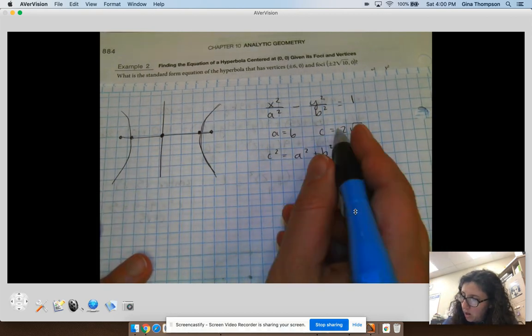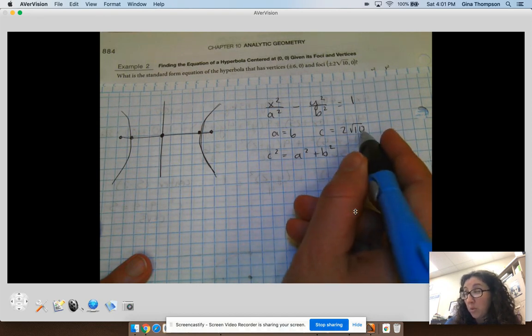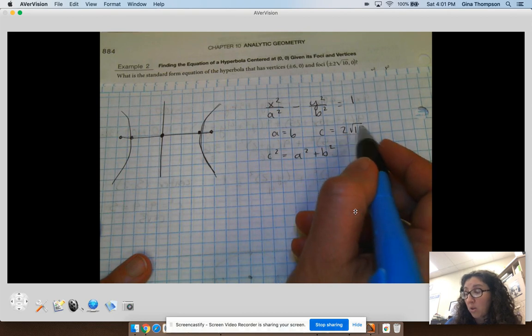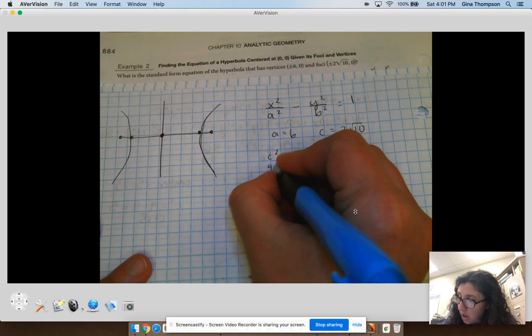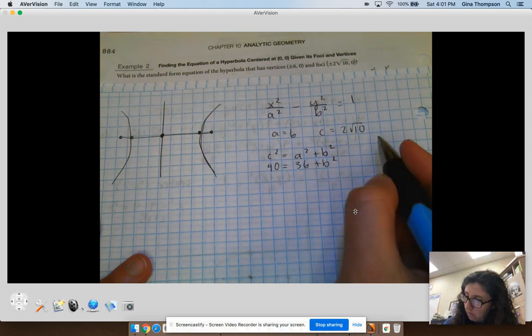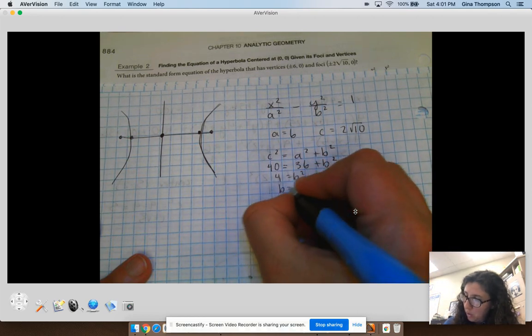Okay, so c squared is going to be 2 times square root of 10, squared, which is going to be what? 40, right? 2 squared is 4, square root of 10 squared is 10, 4 times 10. So this is going to be 40 equals 36 plus b squared. All right, cool. 4 equals b squared, b equals 2.